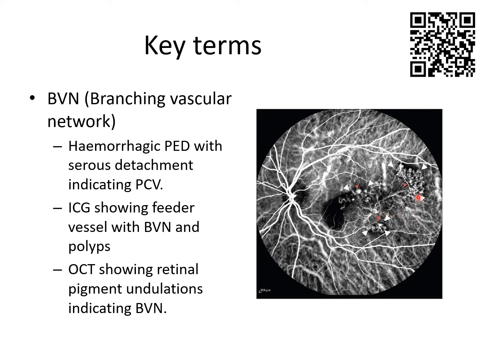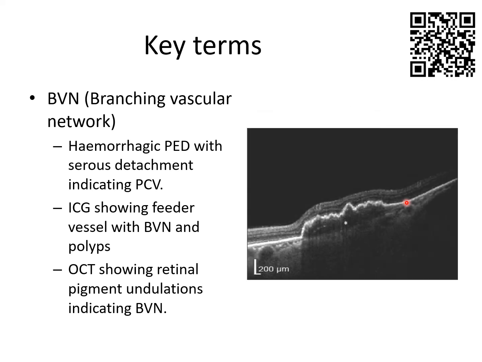Later on, these branching vascular networks terminate as polyps. So the red arrows indicate polyps, and the blood vessels which are terminating at polyps are the branching vascular network, and this is one of the key elements in the subretinal space in pachychoroid disease.